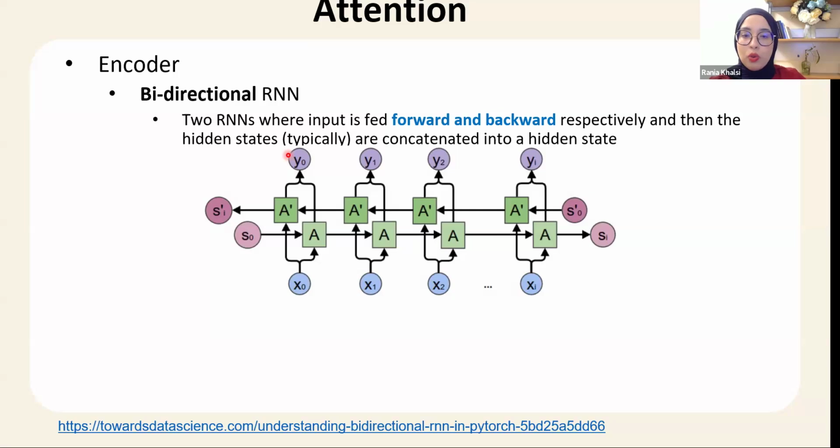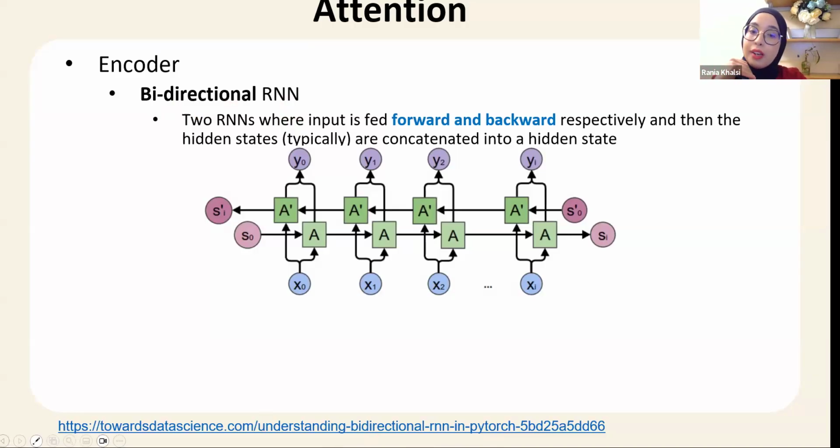So one common approach to do this is known as the bidirectional RNN. You can read more about bidirectional RNNs in this reference and this link, but let me summarize it quickly.